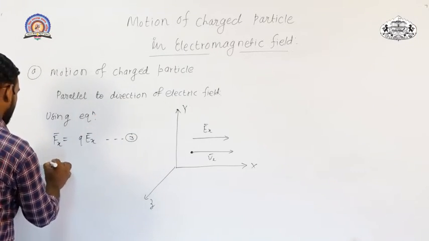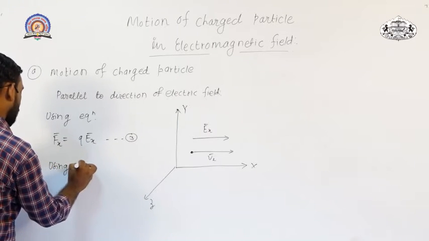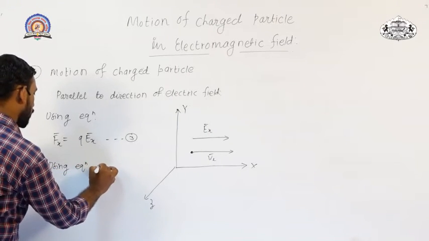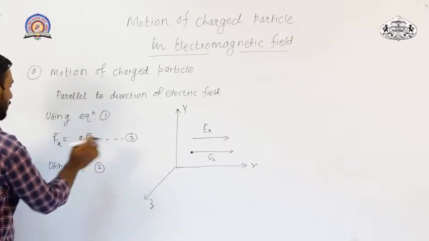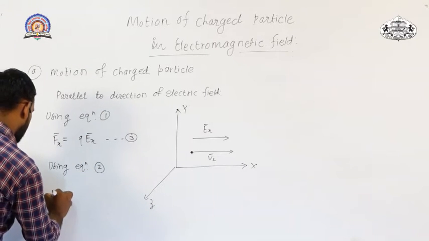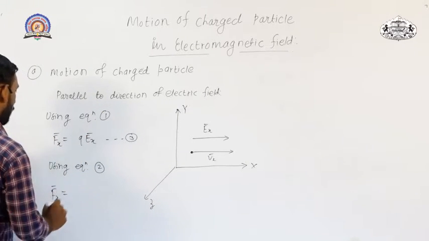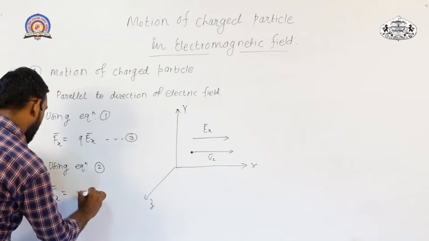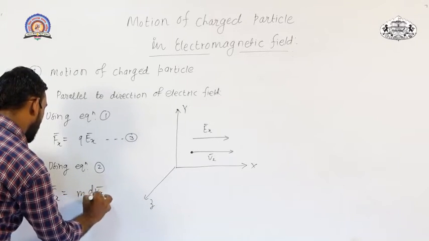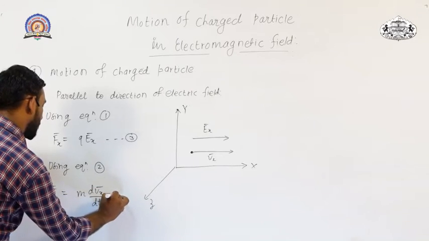Using equation 2, Fx = m dvx/dt. This is equation number 4.